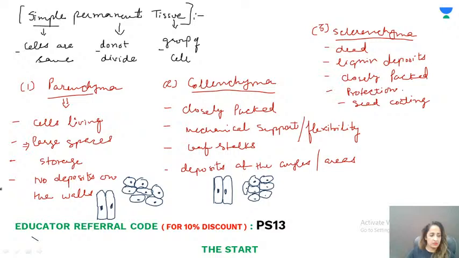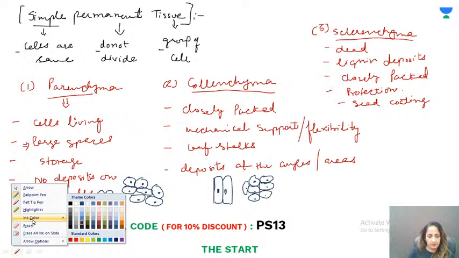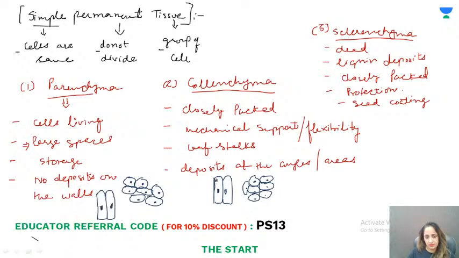They have lignin deposits only on the sides. It is not present everywhere, only at certain points. So they have these deposits only at certain points, which means they give a little bit of mechanical support and flexibility to the plant parts where they are present.